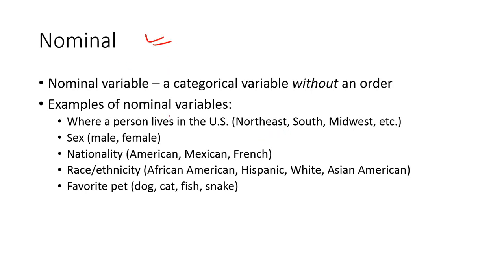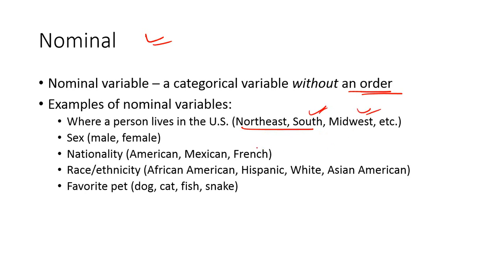Nominal variables. Categorical variables without an order are called nominal variables. An example of nominal variables could be somebody's demographic. Somebody lives in the northwest of the US, south of the US, or the midwest of the US.